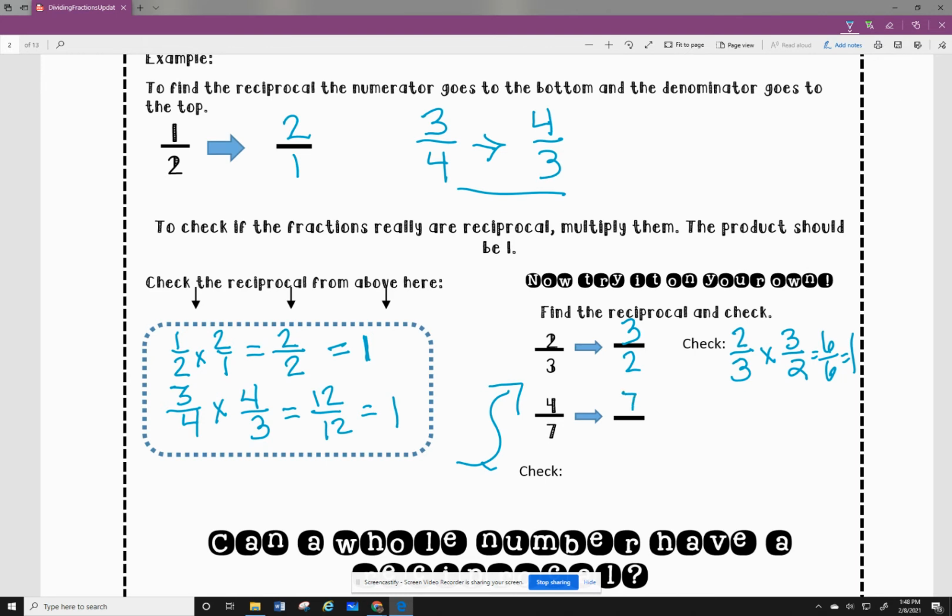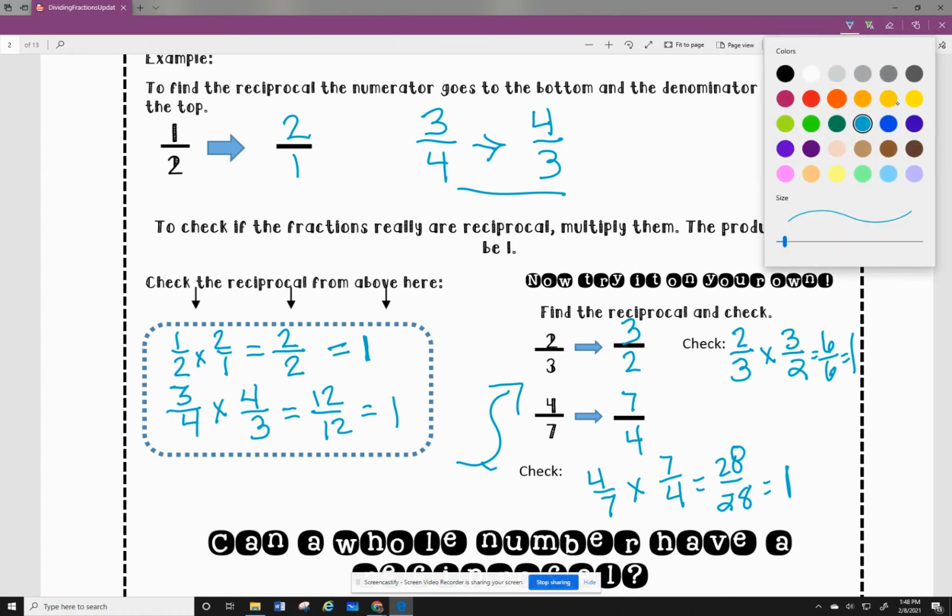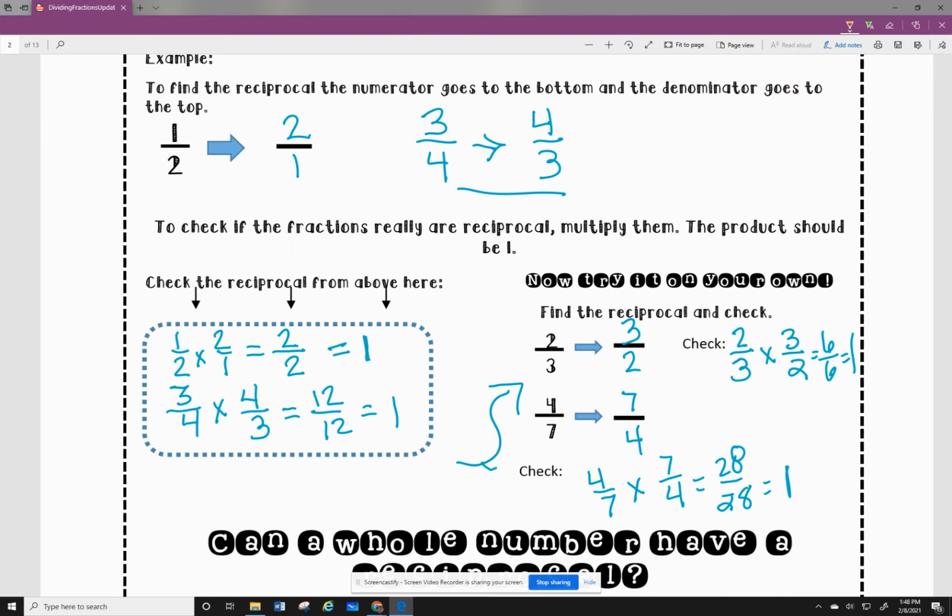I'm going to flip the fraction, 7/4, and we're going to do our check. 4/7 times 7/4 equals 7 times 4 is 28. 7 times 4 is 28. 28 over 28 is the same thing as 1. So all of these are reciprocal fractions. So these are my set of reciprocals.